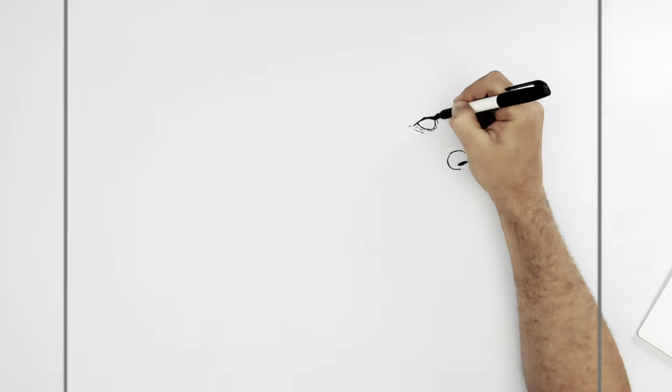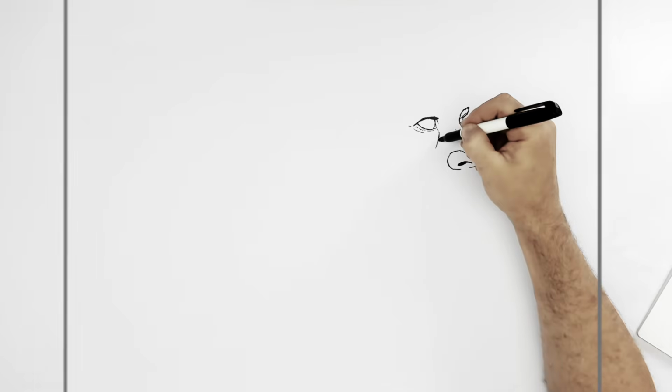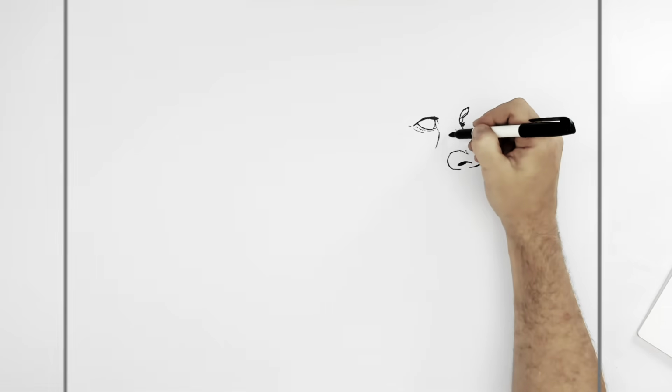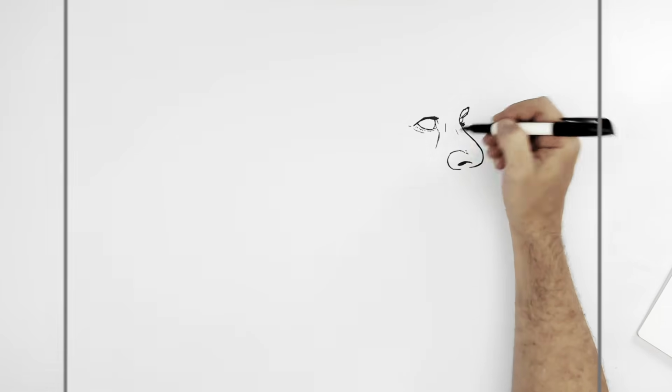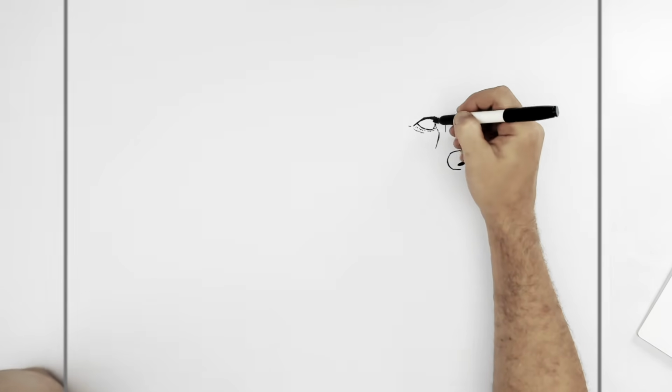So another eyelid line here. And then he's got a little bag coming down around his eye there. So he's looking off to the right hand side, looking over that way.